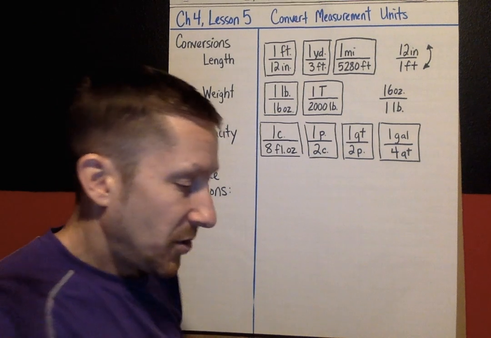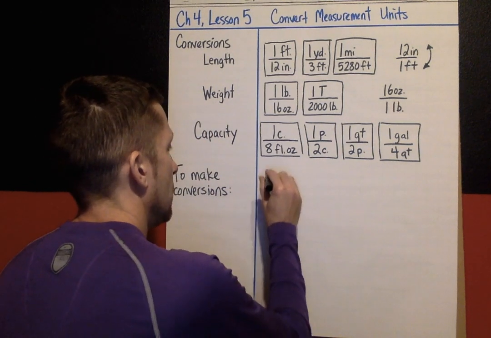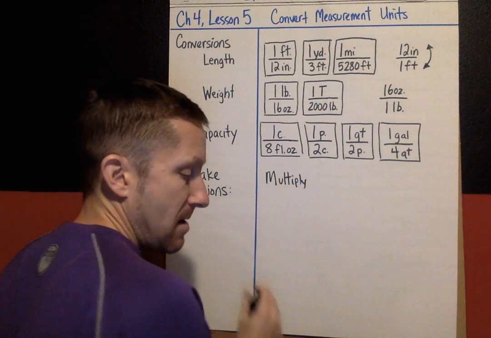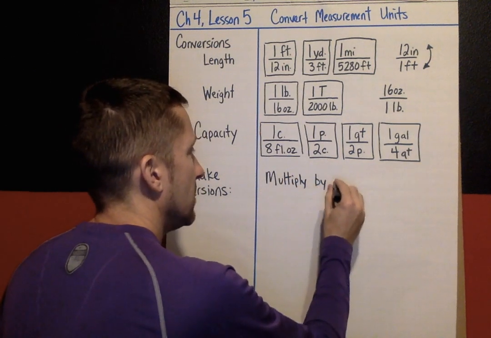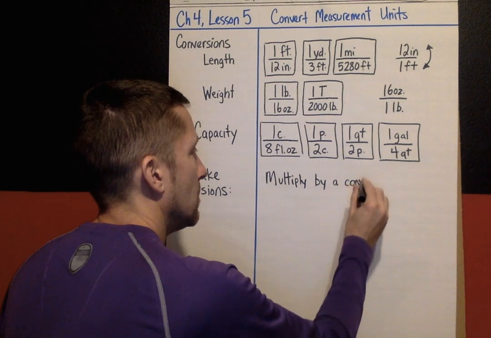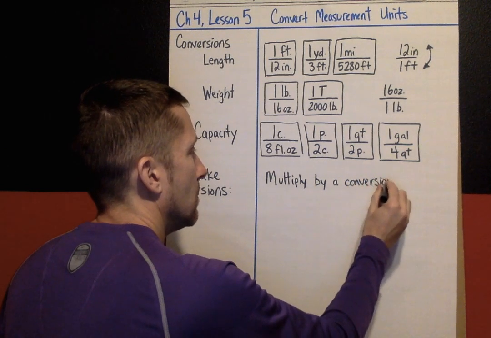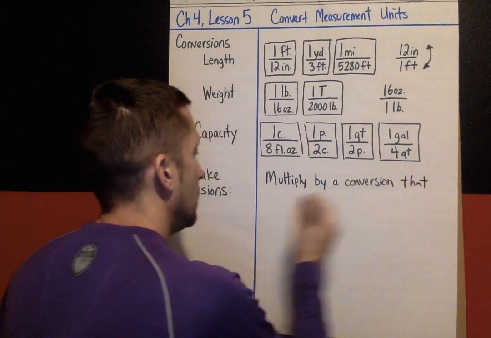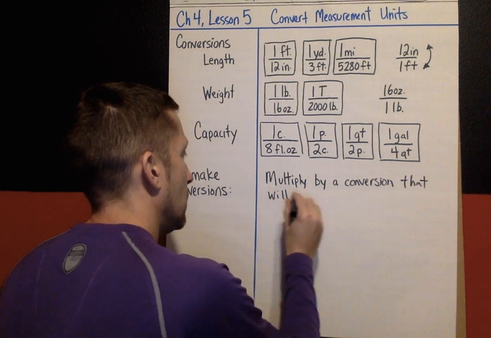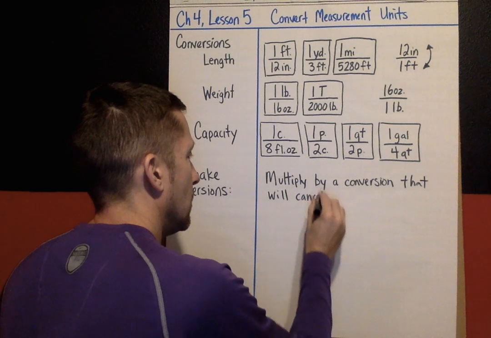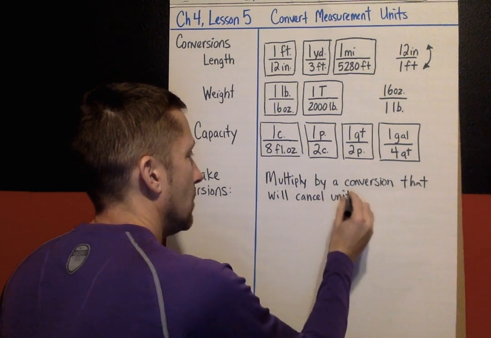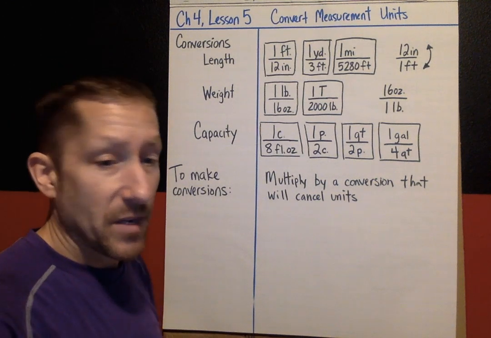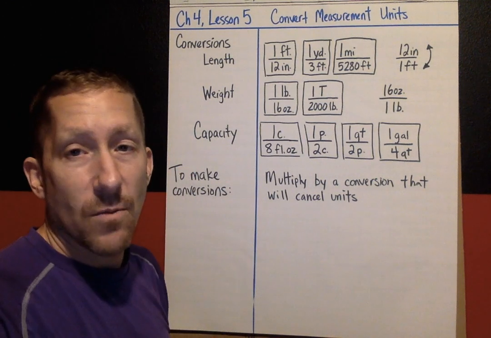So let me show you what that looks like. And I'll write down what I just said. Multiply by a conversion that will cancel units and leave the units that you want.